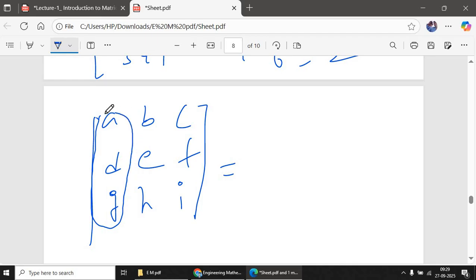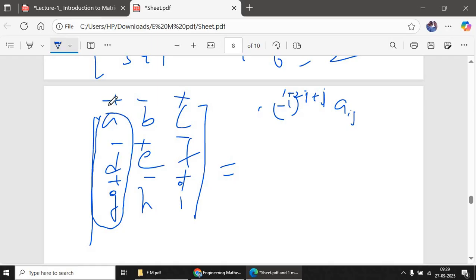Before that, you first need to be aware of what a cofactor is. The cofactor is minus 1 whole power i plus j, into a_ij. So here the signs are plus, minus, plus; minus, plus, minus; plus, minus, plus.